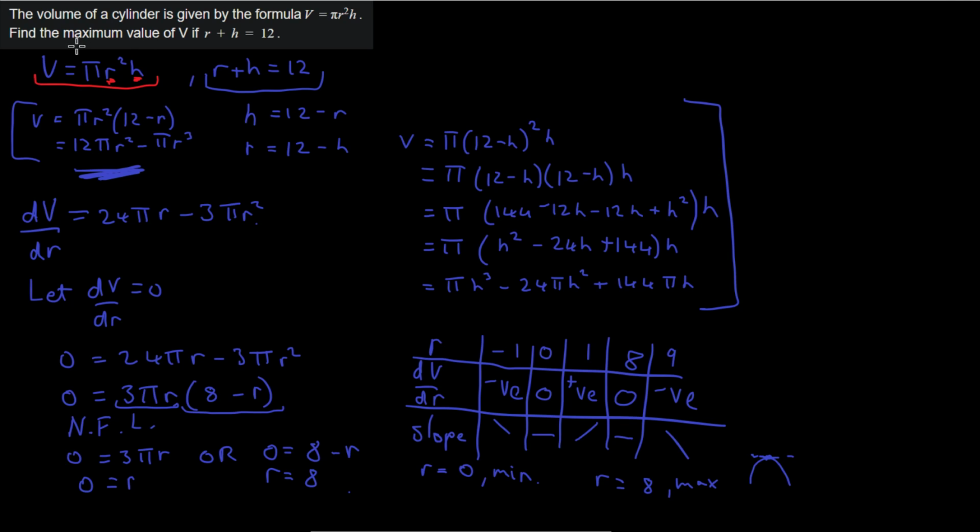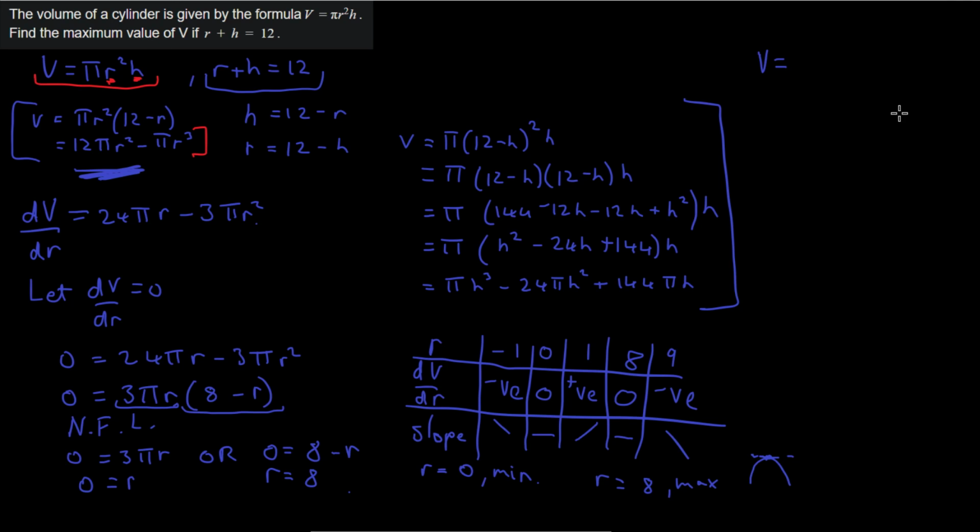Fantastic. We can now find the maximum value of V. So remember, what does V equal? V equals this equation over here. We could use our original equation, V equals pi r squared h, but we've just found r. This question doesn't ask us to find r and h, it only wants the maximum value.